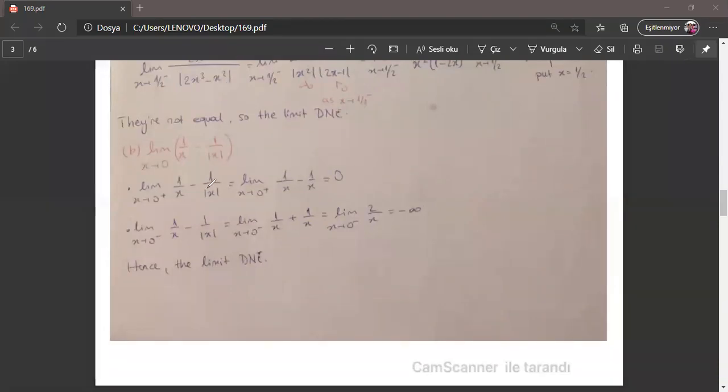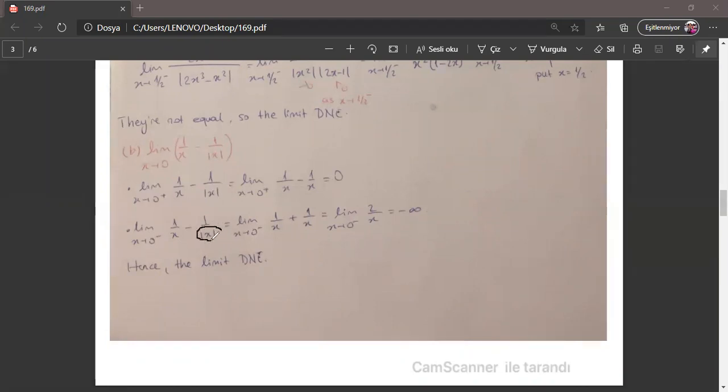Actually, we do the same things. Here we have the absolute value of x. When we are approaching 0 from the right-hand side, we have something positive here, right? So we can write it outside of the absolute value exactly itself. So we have 1 over x minus 1 over x, okay? We get 0 there. When we're approaching from the left, we have here minus x.